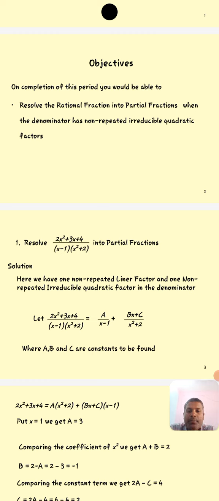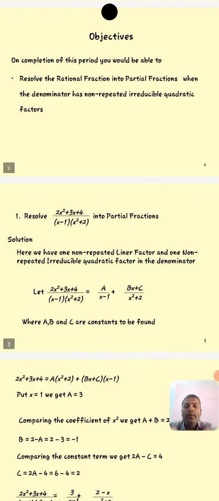Here one is a non-repeated linear factor and another is a non-repeated irreducible quadratic factor. When a quadratic factor is there, how do we write the partial fraction format? Compared with the earlier method, it is slightly different.